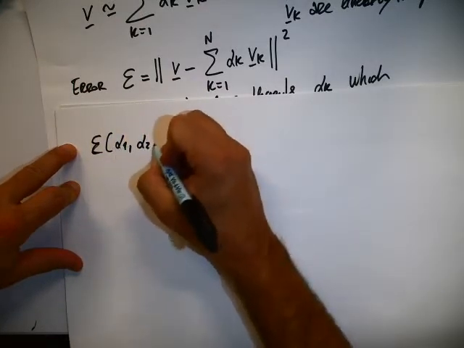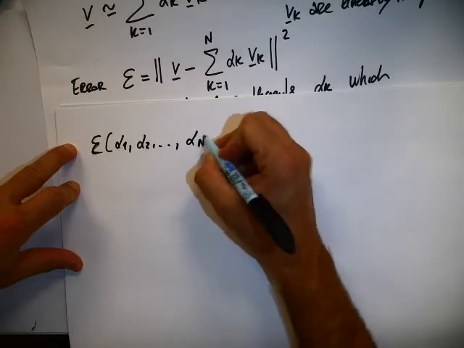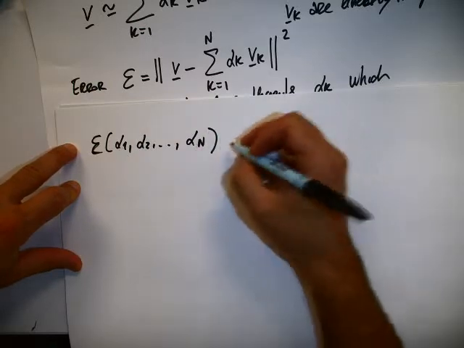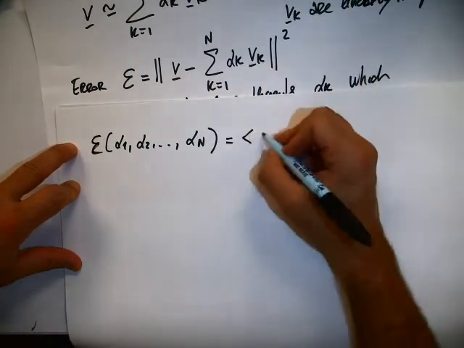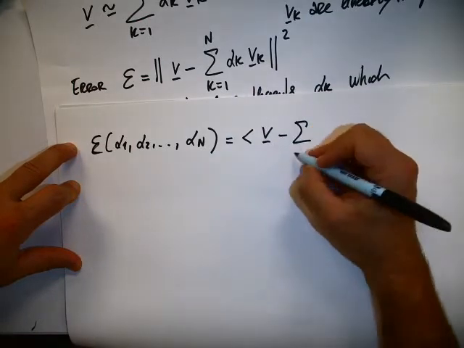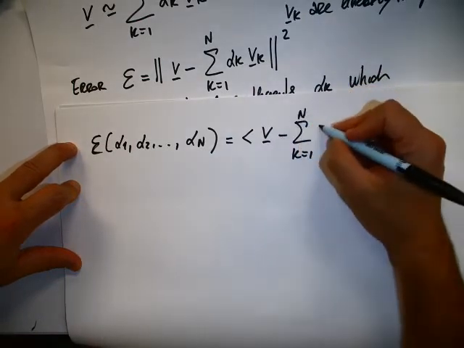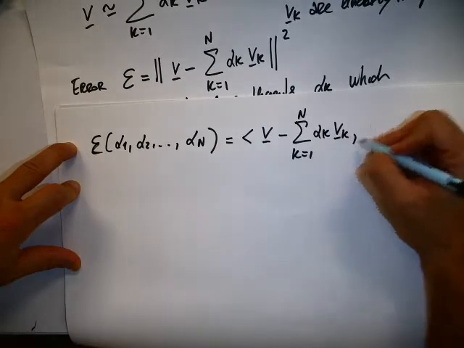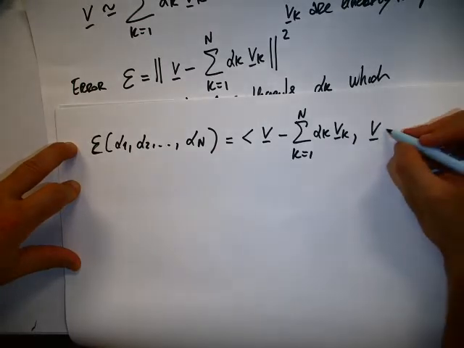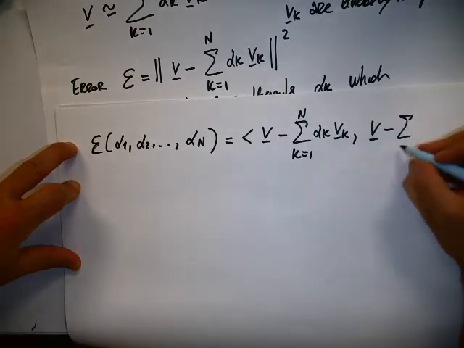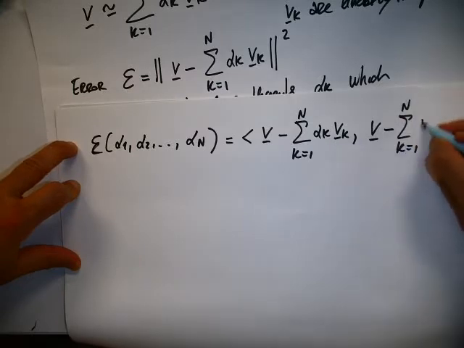So this error is basically a function of the n parameters, and we can rewrite it as v minus the sum from k equals 1 to n of alpha k v sub k, comma, v minus the sum from k equals 1 to n of alpha k v sub k.